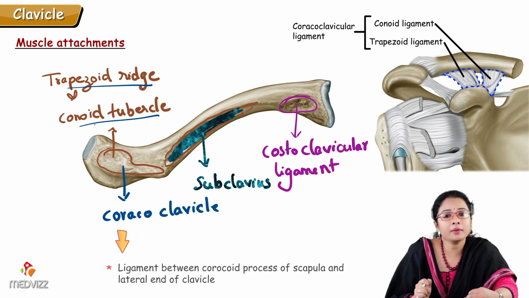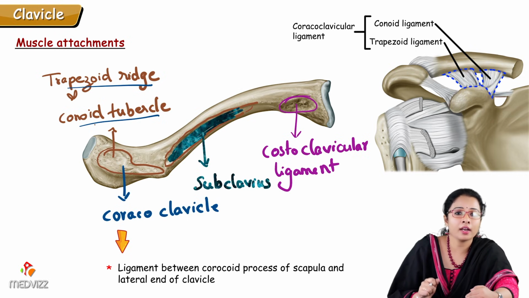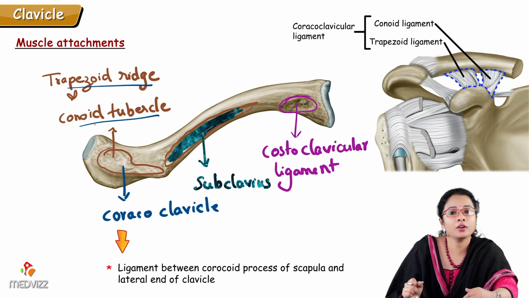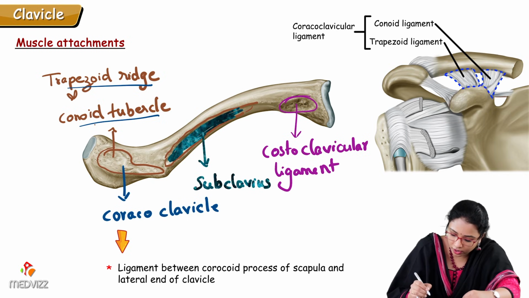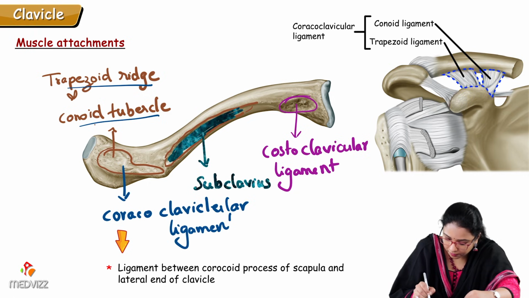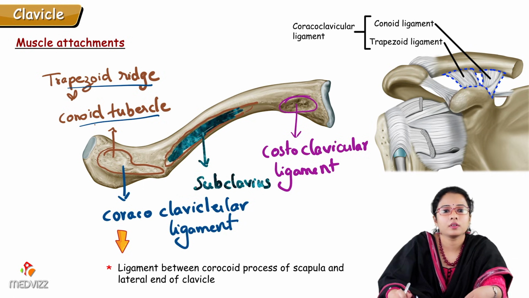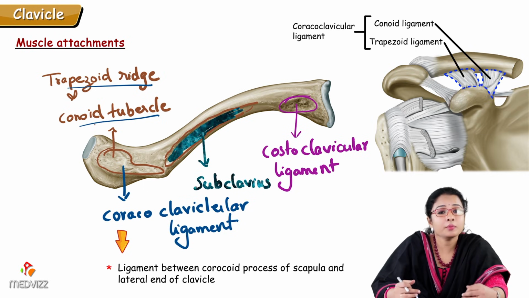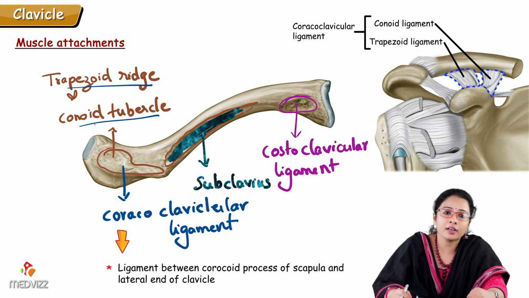Means it is the ligament between the coracoid process of the scapula and the lateral end of the clavicle. So it is called the coracoclavicular ligament. So these are the important attachments of the clavicle.